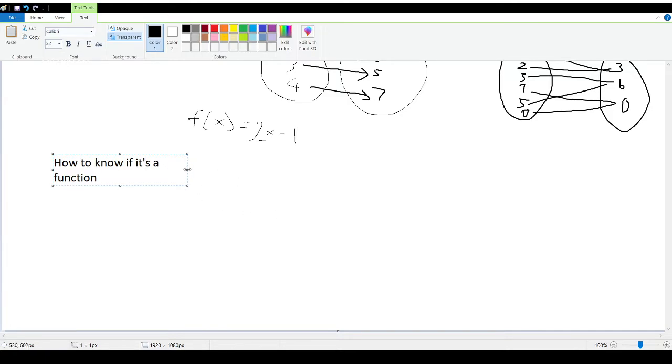To see if something is a function, we need to do what is called a straight line test.